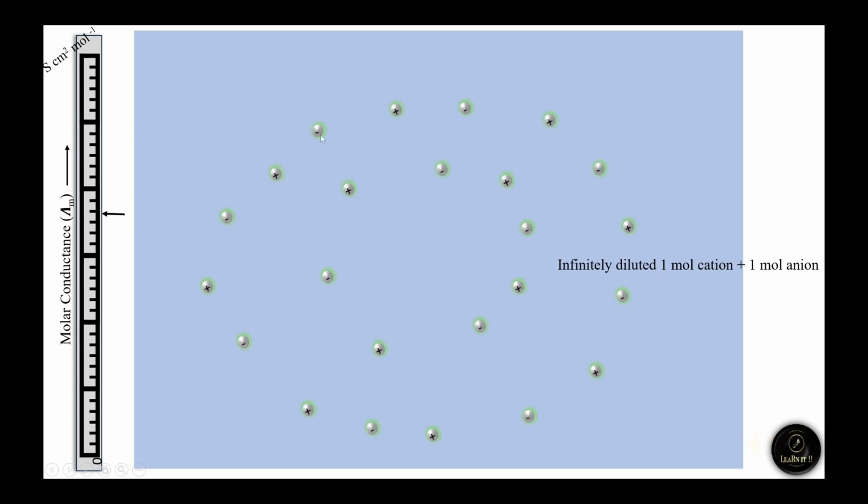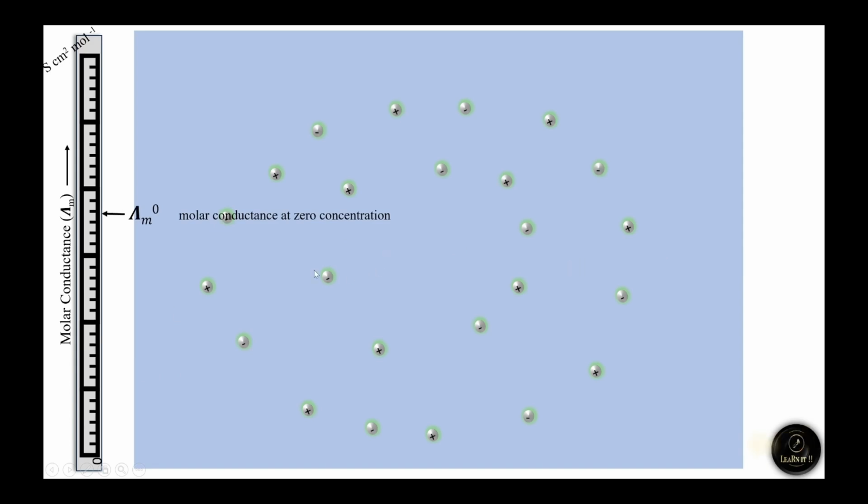Now this solution or electrolyte is called infinitely diluted. Here 1 mole of cation and 1 mole of anions are present. This value is called molar conductance at infinite dilution or molar conductance at 0 concentration.